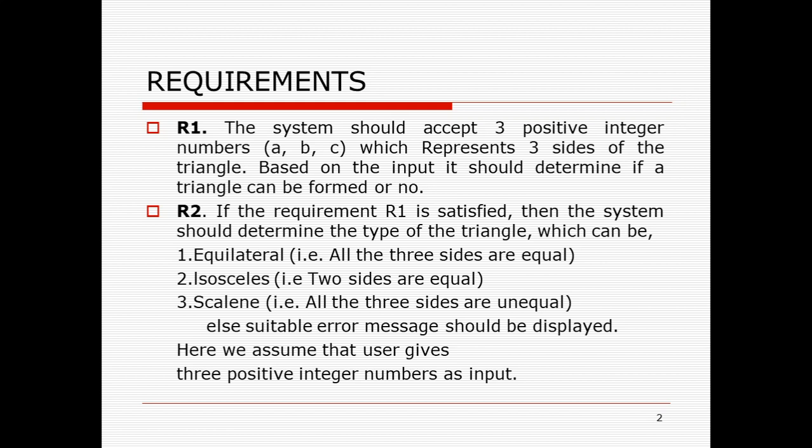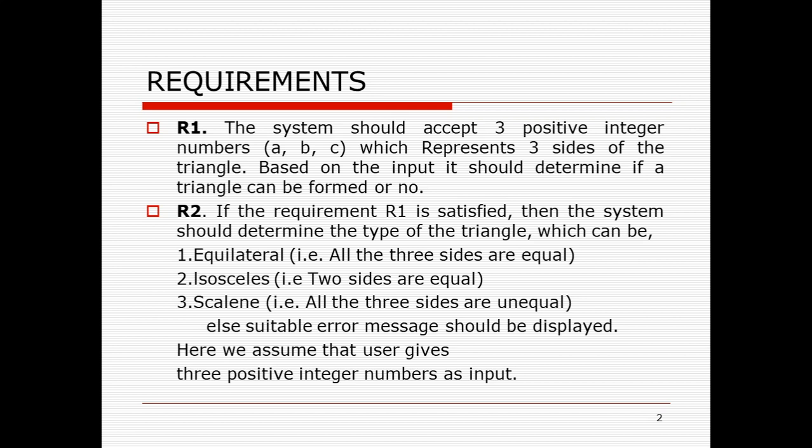Based on these three positive numbers, it determines whether the numbers are good enough to form a triangle or not. The second requirement is, if the numbers can form a triangle, to identify whether the triangle is equilateral, isosceles, or scalene.